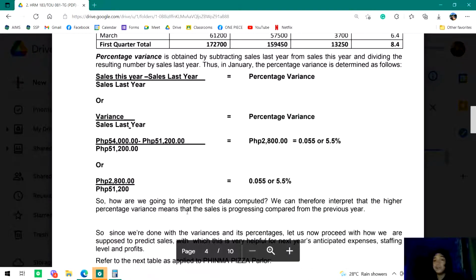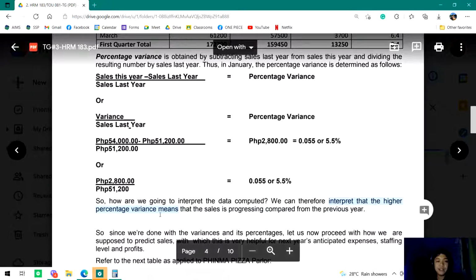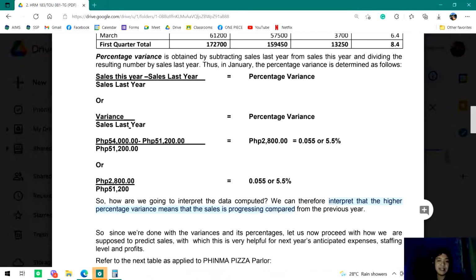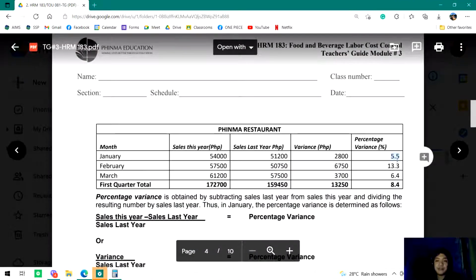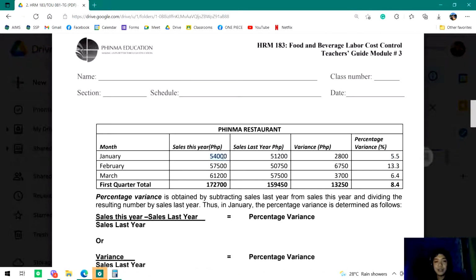So, how are we going to interpret the data computed? We can therefore interpret that a higher percentage variance means that the sales are progressing compared to the previous year. So 5.5% means our sales increased from last year to this year.